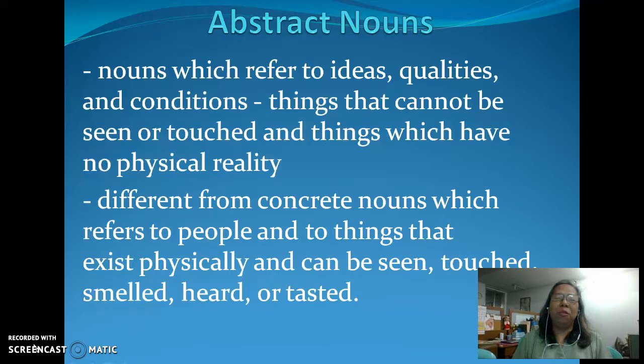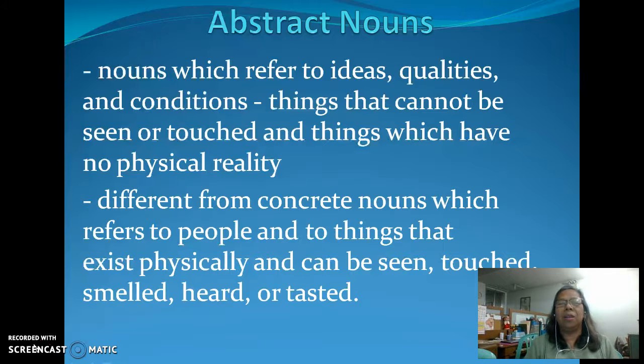Okay, so now that we have reviewed concrete nouns, I will introduce to you another type of noun. These are referred to as abstract nouns. Now, these nouns refer to ideas, to qualities and conditions, or things that cannot be seen or touched, and things which have no physical reality.